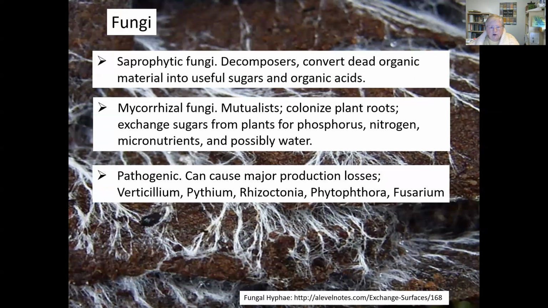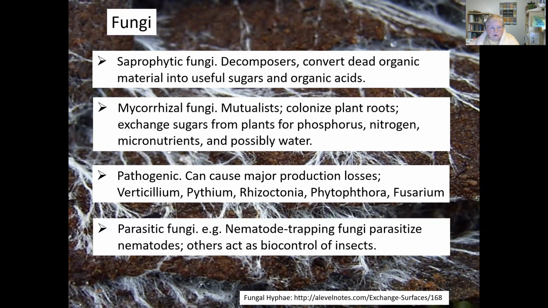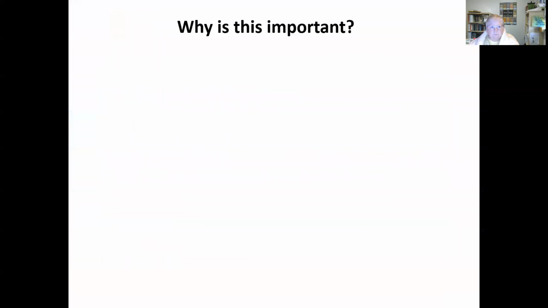Pathogenic fungi cause major production losses. These include verticillium, pythium, rhizoctonia, phytophthora, fusarium, and so on. There are also parasitic fungi, such as the nematode trapping fungi. They parasitize nematodes. Others can act as biocontrol of insects.